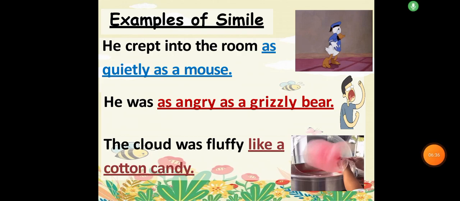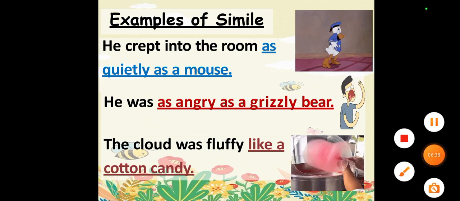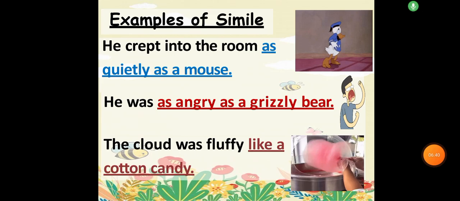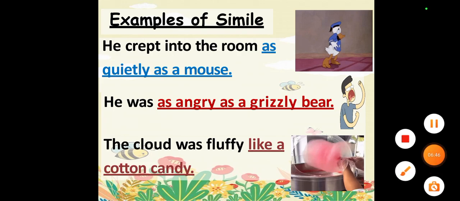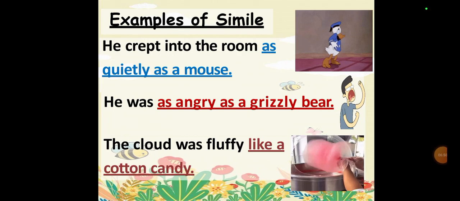Okay. So in this sentence, they're just telling us how the mouse came inside the room very quietly. He wasn't angry, and then: he was as angry as a grizzly bear. Have you ever seen a grizzly bear in the cartoons? Maybe you have. So he was as angry as a grizzly bear.